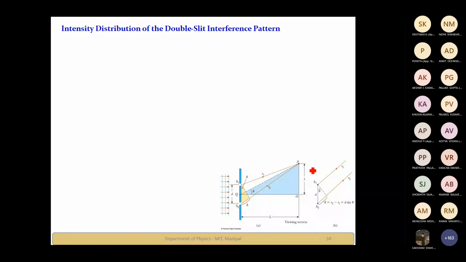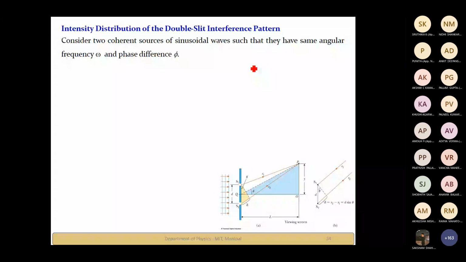This happens because, as I was mentioning earlier, we have chosen a condition that a is very, very less than the wavelength of light, that is, neglecting the diffraction effect. So due to that, we can assume this equation will hold good. We'll try to arrive at the equation for intensity.